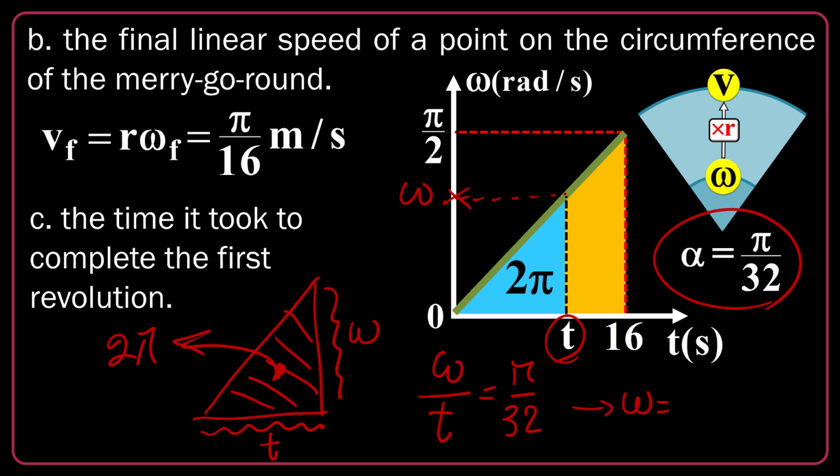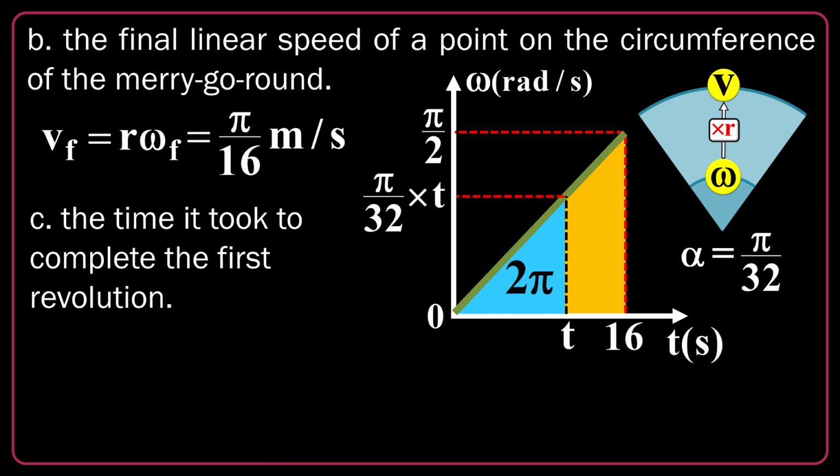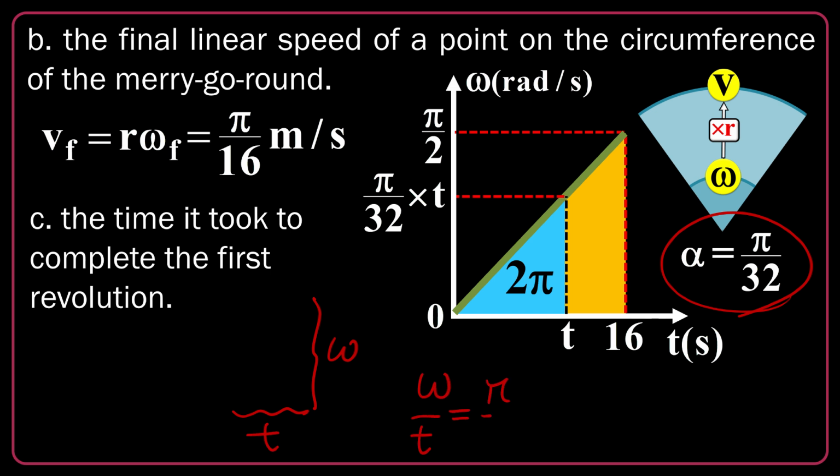So omega seems to be pi over 32 times t. This is the omega I expect after t seconds according to the value of the slope. Again, vertical is omega, horizontal is t. Omega divided by t is supposed to be a slope, pi over 32. So omega is pi over 32 times t.